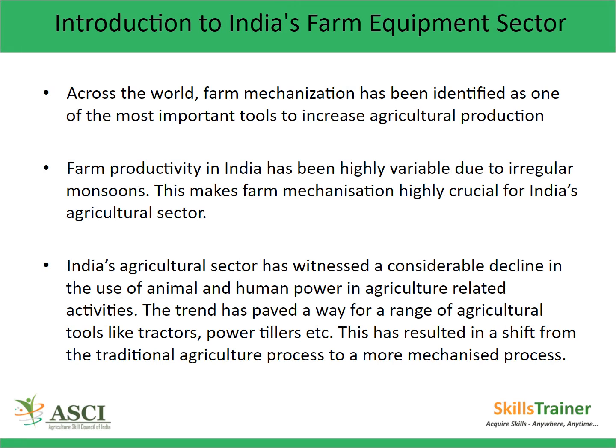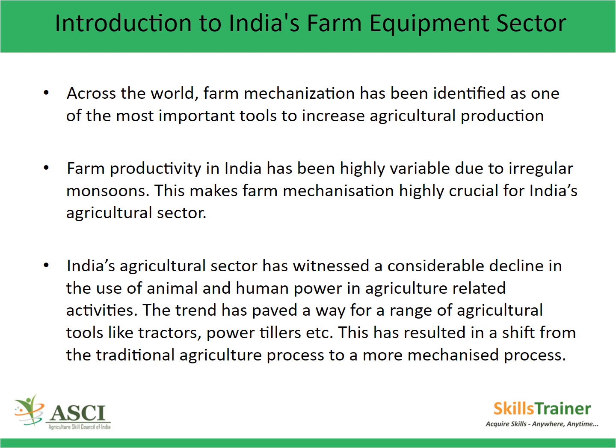Introduction to India's farm equipment sector. Across the world, farm mechanization has been identified as one of the most important tools to increase agricultural production. Farm productivity in India has been highly variable due to irregular monsoons. This makes farm mechanization highly crucial for India's agricultural sector.